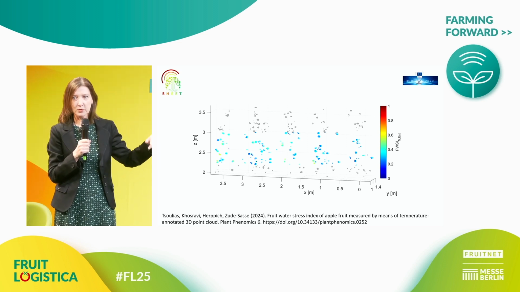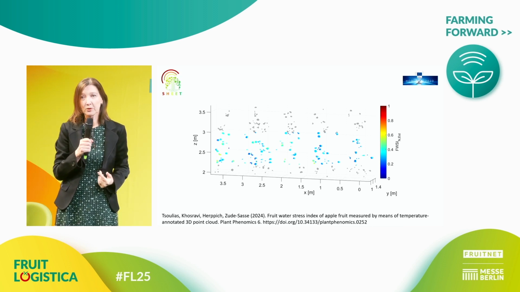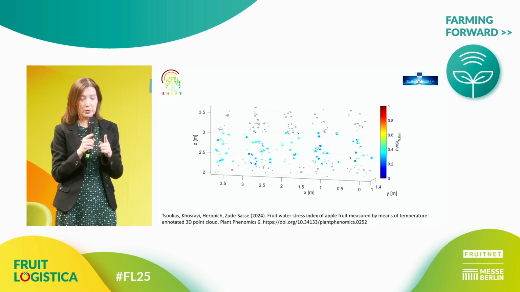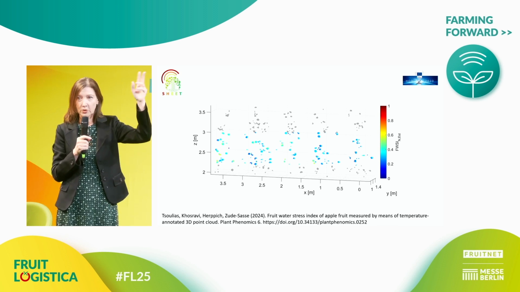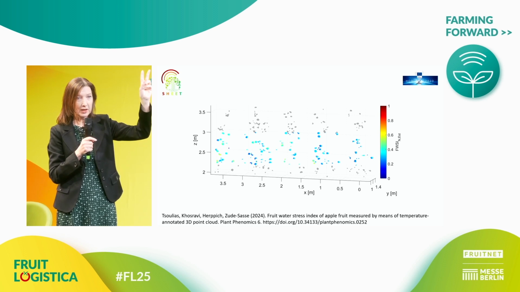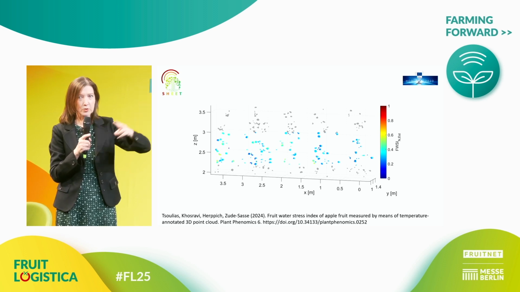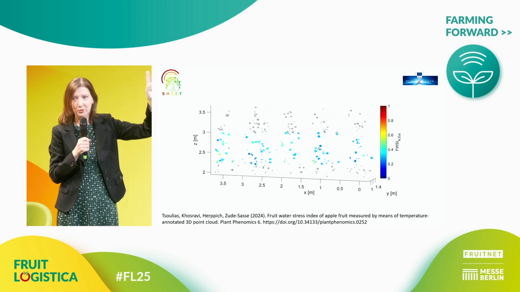There are two reasons for that. It might be that the thermal camera didn't see it, but it might also be that it is too erratic, because we have issues when we fuse the two sensor data, especially the branches on top, which might move in windy conditions. One sensor is measuring here, and then the thermal camera is coming through, which is only a few centimeters distance, but still, the wind moved the branch, and you're out of view.